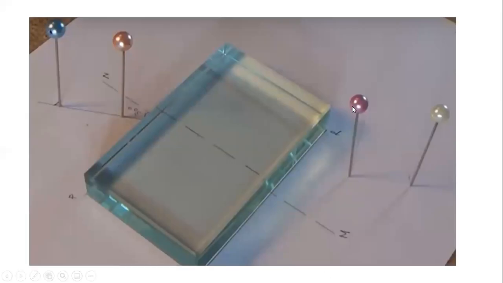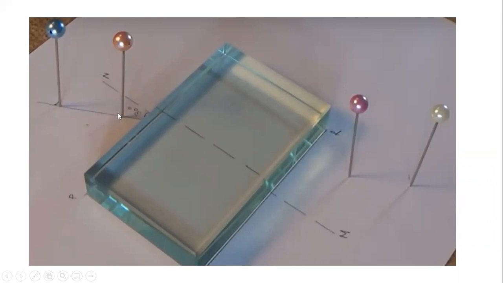First of all, you need things like a glass slab, pins, paper and a pencil. After you get them, you can sketch the outline of the glass slab, draw a straight line which represents the light ray, and draw a perpendicular to the surface of the glass slab. Put 2 pins on this line.